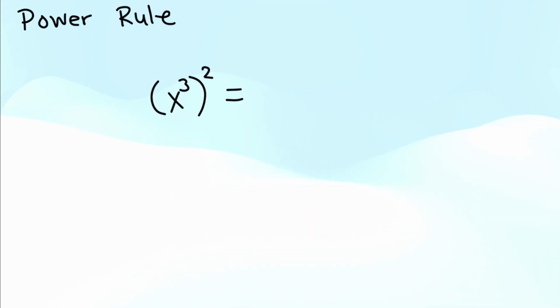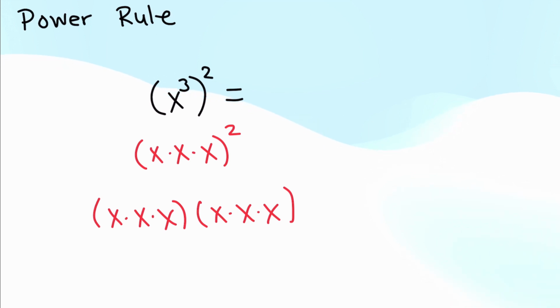We also have something called the power rule, which applies when we're raising an expression with an exponent to another power. So let's consider the situation where we have x to the 3rd, squared. X to the 3rd means you have 3 x's multiplied together, and if you take that and square it, you're doing that twice.